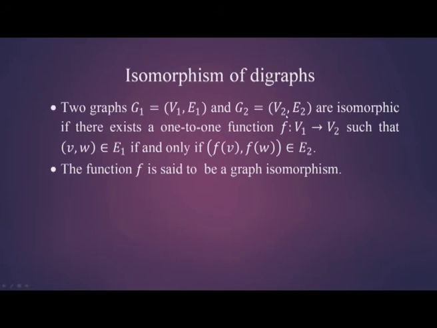Now, we will call the two graphs isomorphic if there exists a one to one function f from the set of vertices of G1, namely V1, to V2, the set of vertices of G2, such that the ordered pair (v, w) belongs to E1 if and only if the ordered pair (f(v), f(w)) belongs to E2, and this function f is said to be a graph isomorphism.